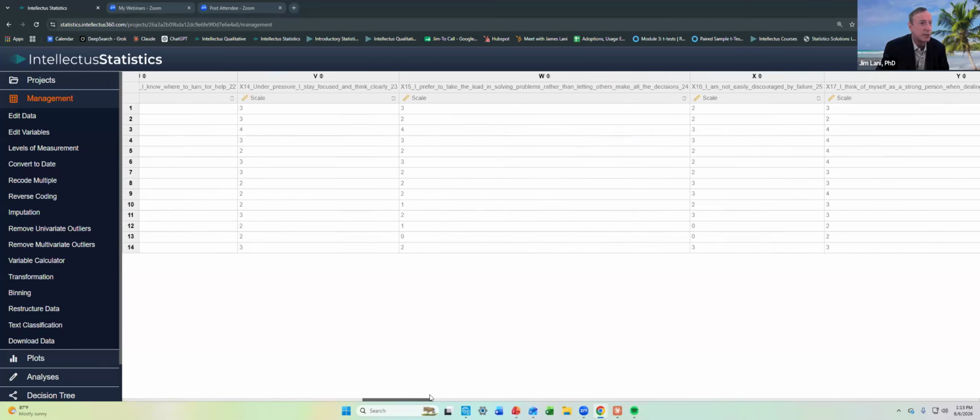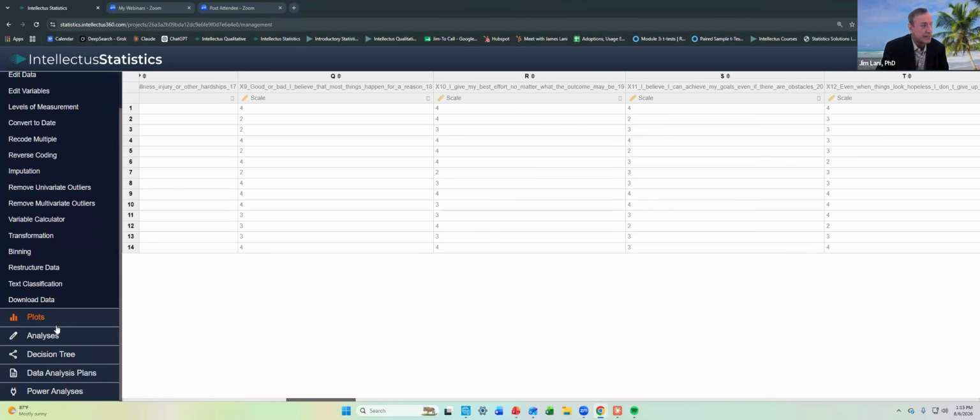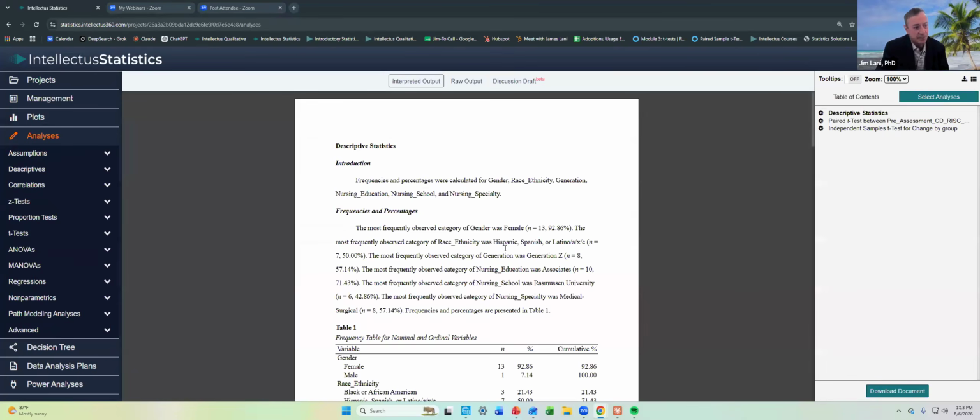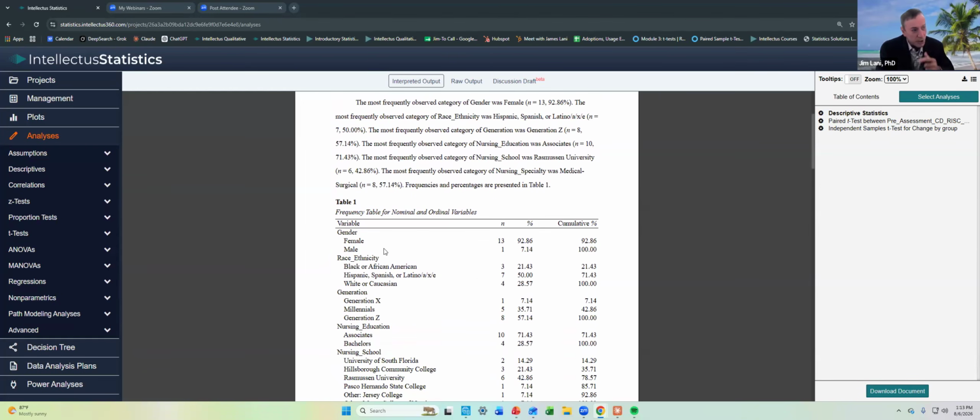So this individual had rather long variable names. That's not helpful for tables, by the way. Once you have data inputted, which I'll show you in just a moment, you can conduct descriptive statistics. Here we want descriptives on gender or race, and you'll see the frequency and percents here, inside of an APA table with a little write-up.